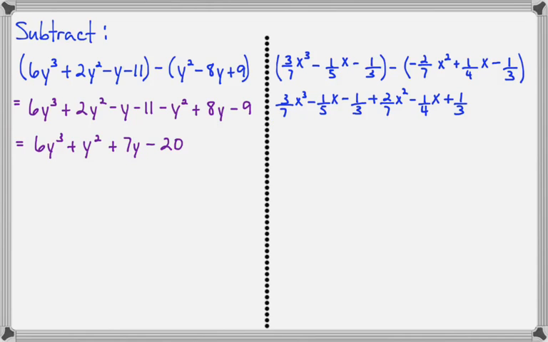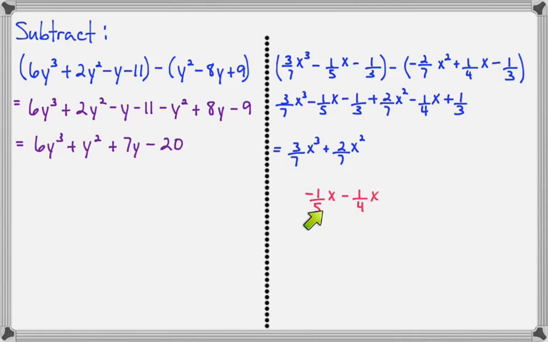Now to combine like terms. I have an x cubed here, and I also have an x squared. Now on my x terms, I have minus 1/5 x and minus 1/4 x. So I need to combine negative 1/5 minus 1/4.